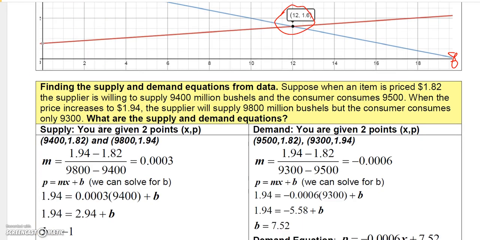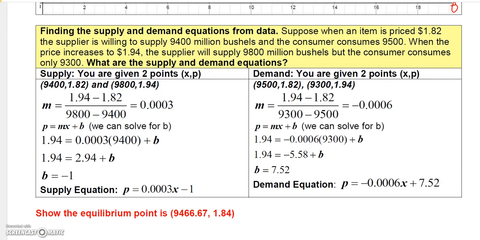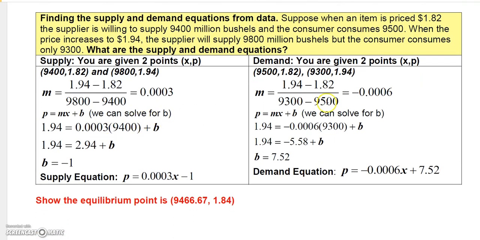Okay, now in that example, I didn't have you derive the equation, but you can derive the equations if you've got enough information, and we assume that they're going to be linear equations. So here, let's suppose when an item is priced at $1.82 that the supplier is willing to supply 9,400 million bushels.